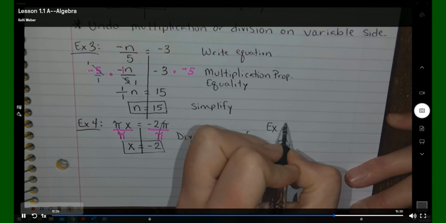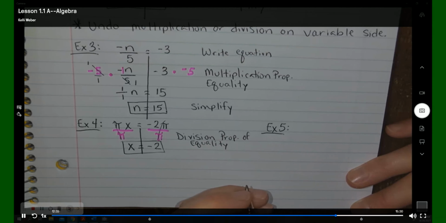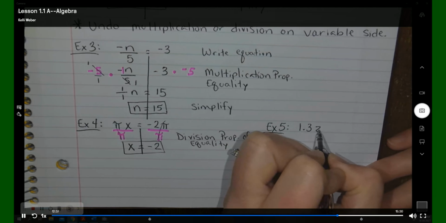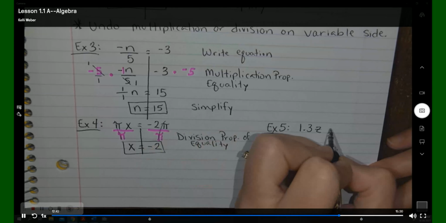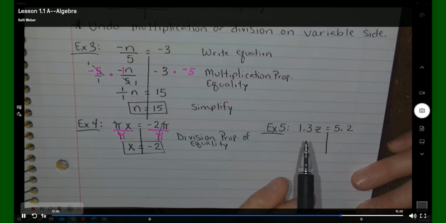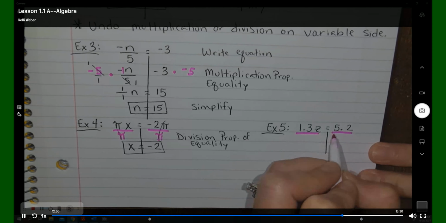Sometimes we'll have division, but it won't look exactly the same. So for example, this one, we're using a decimal instead of pi. So 1.3z equals 5.2. It's still multiplication. I'm going to divide, but this time I'm going to divide by 1.3.